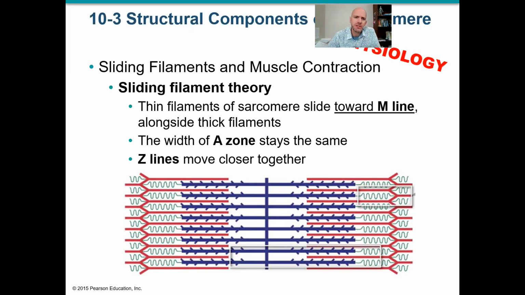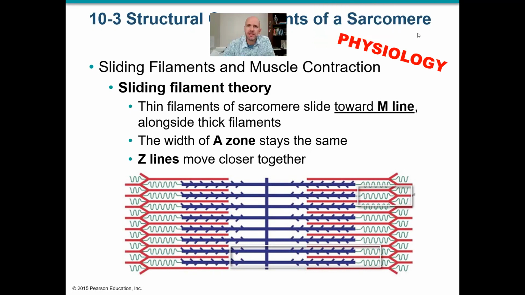And we had started to look at muscle physiology. The muscle physiology is kind of how do the muscles work. The anatomy is how our muscles are organized. So it's important that we understand their organization before we can understand their physiology.